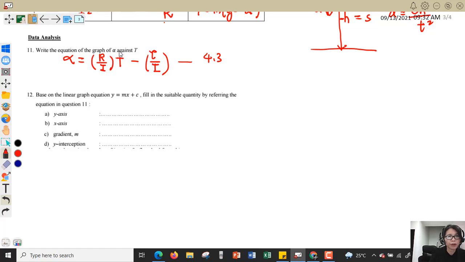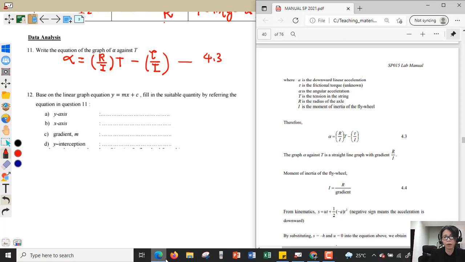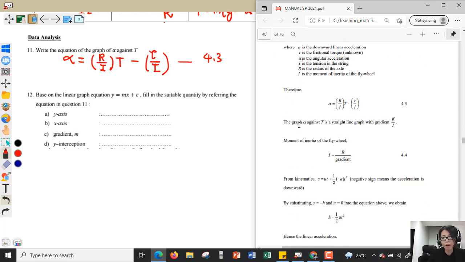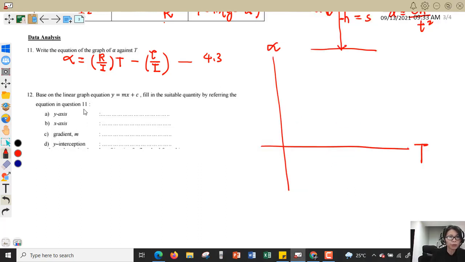So we are going to plot graph alpha against t. If we refer back to the theory in the lab manual, the graph alpha against t is a straight line graph. So we are going to compare equation 4.3 with the straight line equation y equal to mx plus c.